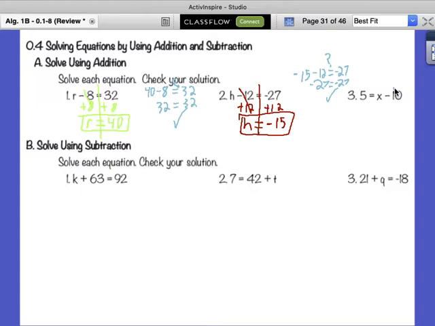Okay, very cool. You have to add the 10. Hey, be careful, guys. It's not 3.5. This is number 3, and it says 5 equals. Oh, okay, then you're right. I apologize.